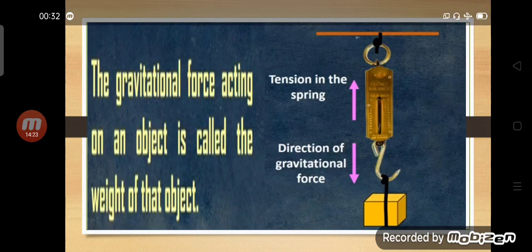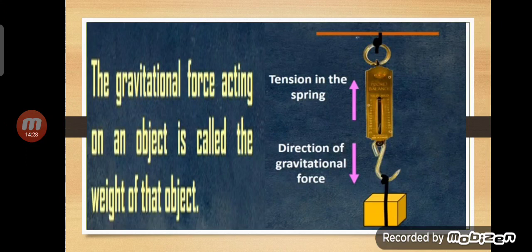Now children, students, do you know how an object balances after hanging it from the hook of a spring balance? When an object is suspended from the hook of a spring balance for weighing it, it is pulled downwards by the force of gravity.